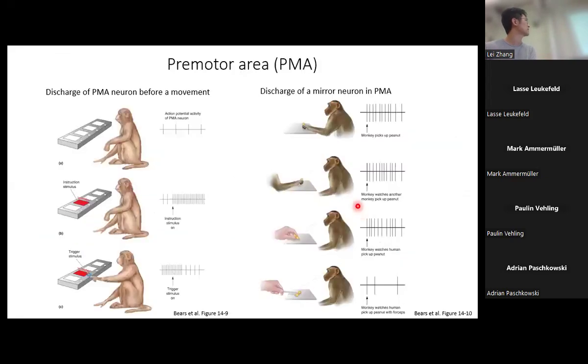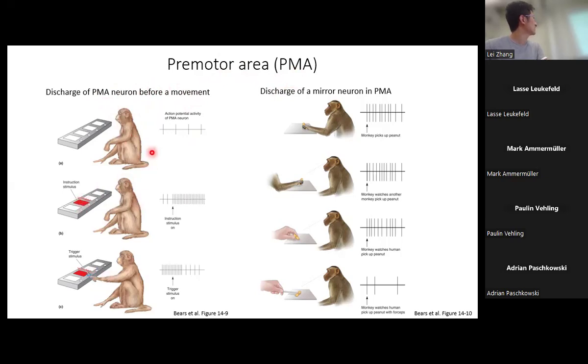And there's another part of the motor cortex called the premotor area. Usually it's thought to be more responsible for motor preparation, but it also contributes to movement generation. Here they do an experiment in monkeys. They record the PMA neurons. We see that before the movement, when the lights turn on, the monkey should reach.